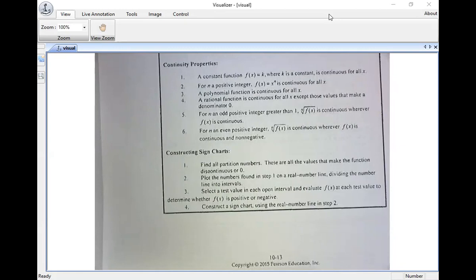I'm going to show you how to do that in a little bit, but basically we're going to look for any values that would either cause the numerator or the denominator to become 0. Those are going to be called our partition values because that's going to be the only place where a sign could change. And then we're going to run this sign test. So let's turn the page.